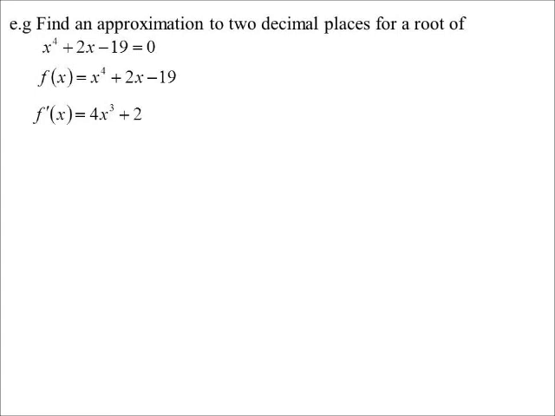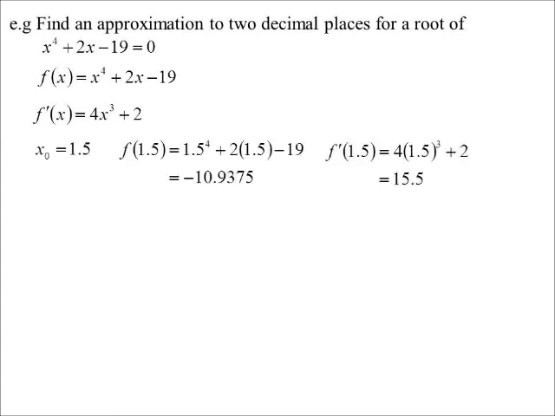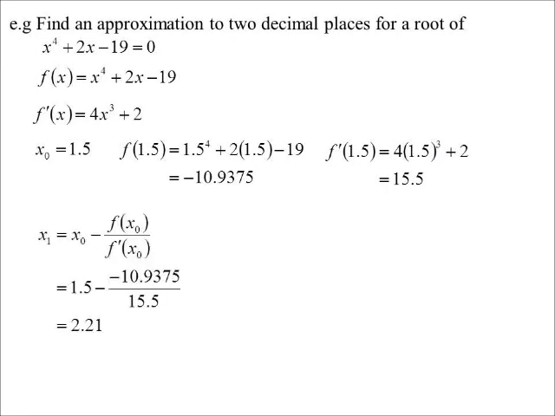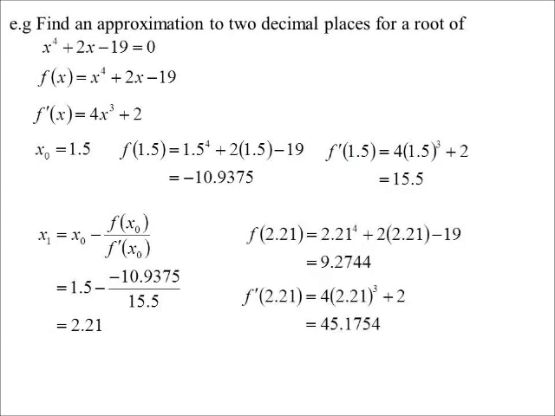So I'll pick 1.5. I don't know why logically I didn't pick 2, but anyway, I'll pick 1.5 as my first approximation. So f of 1.5, and I'll also need the derivative. That turns out to be 15.5. Put it into our formula, and I get my next approximation is 2.21. So f of 2.21, no.